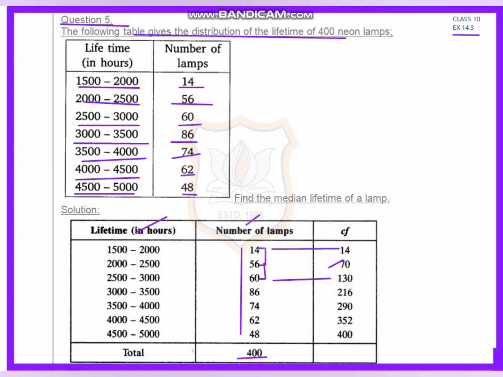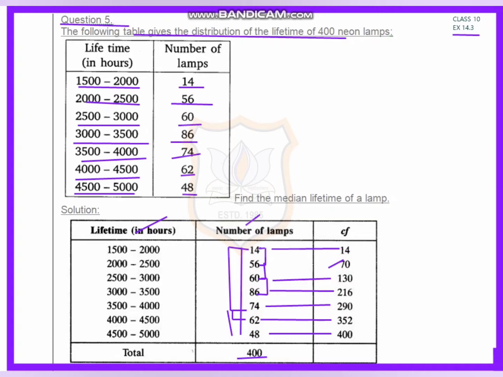Then four terms, 14 plus 56 plus 60 plus 86, we get 216. Adding the first five terms, we get 290. Then six terms, we get 352, and in the last we add all the terms and get 400.